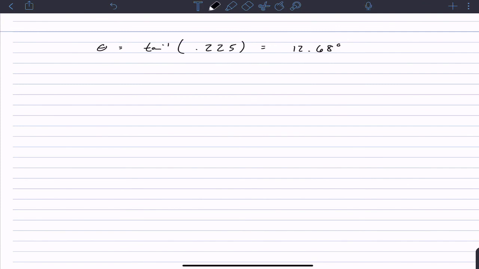And then it says if the angle is 19.5 degrees, what happens? Are they at rest? Well, we just found out if this is the frictional coefficient, this is our angle, right? So here is 12.68 degrees. That's way higher than 12.68.